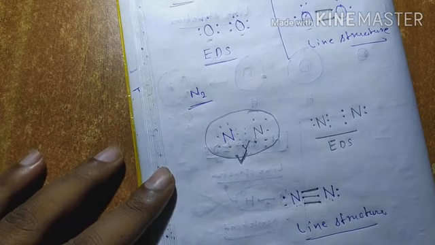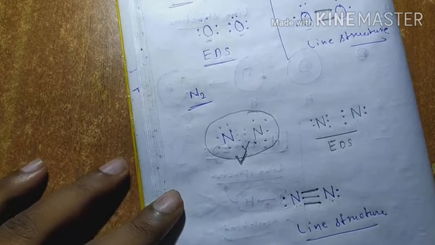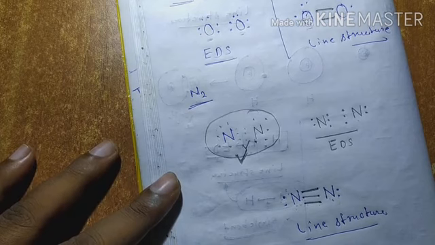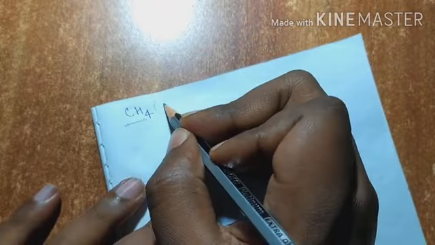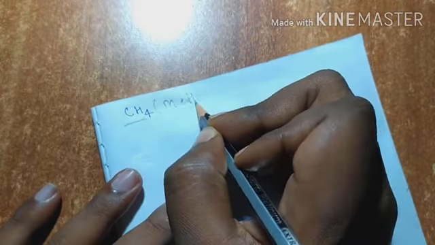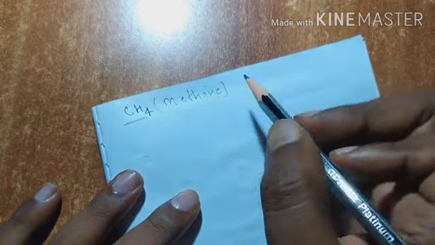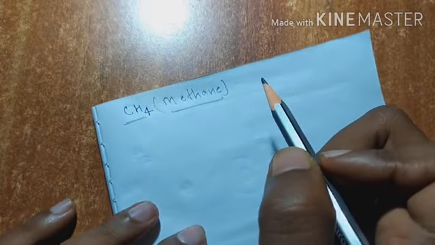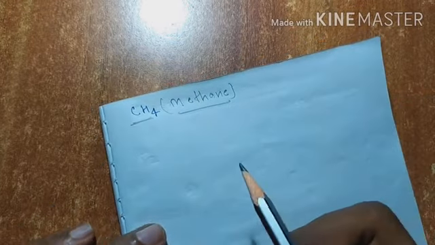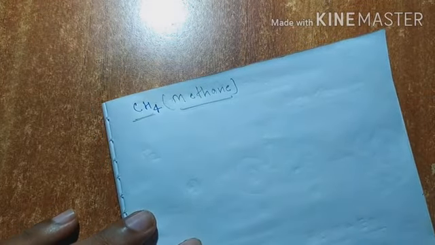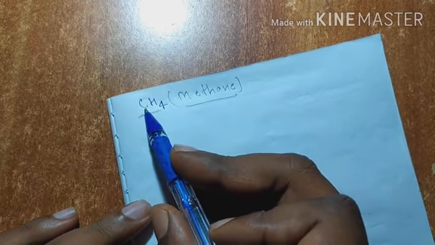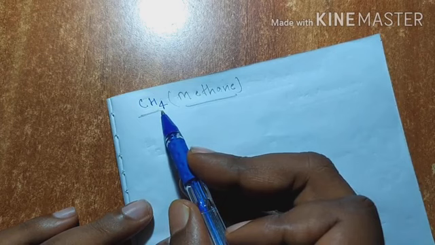Now we are going to draw the electron dot structure for methane, that is CH4, and the line structure for the same. This is methane. First of all, the electron dot structure. See, there is 1 carbon and 4 hydrogen.